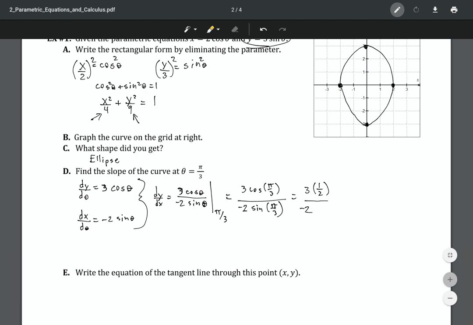This is the square root of 3 over 2. Let's see. Well, that's going to cancel, so I don't need that. So this is basically going to be 3/2 over negative square root of 3, which is 3 over negative 2 square roots of 3 now.